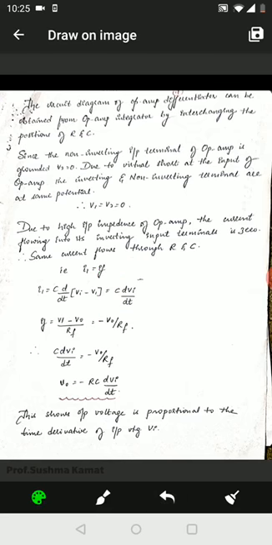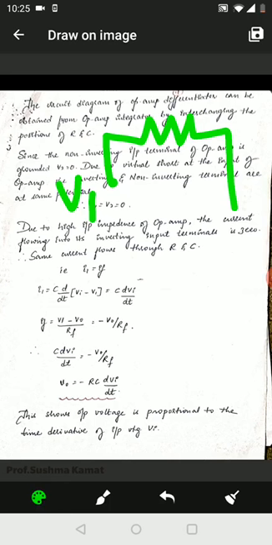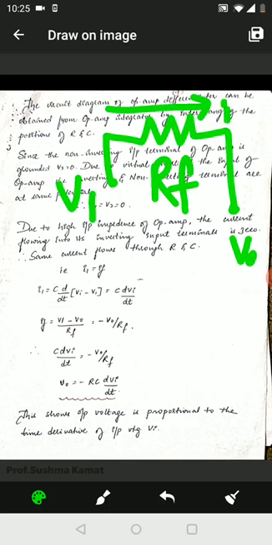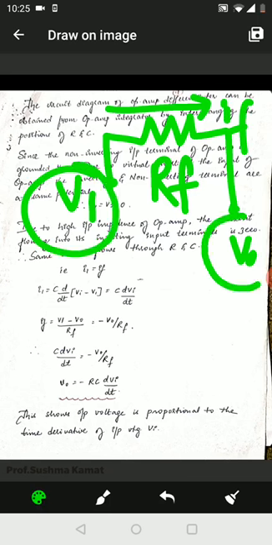Next, what is IF equal to? As usual, this was the voltage V1, here was the resistance RF, and this was the voltage V0. So across RF was the current IF. What is IF equal to? V1 minus V0 divided by RF.